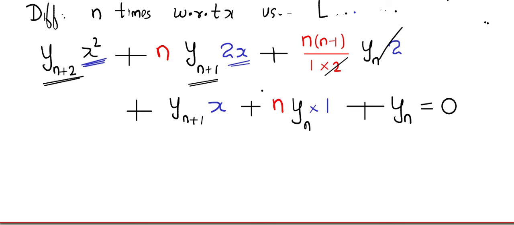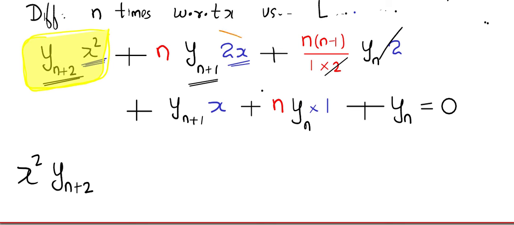Okay, now look at this. The trick is, first you have to collect terms with yn plus 2. I'll repeat: first you have to collect terms with yn plus 2. So I'm going to write x square into yn plus 2. Next you have to collect yn plus 1 terms. So that will be this.